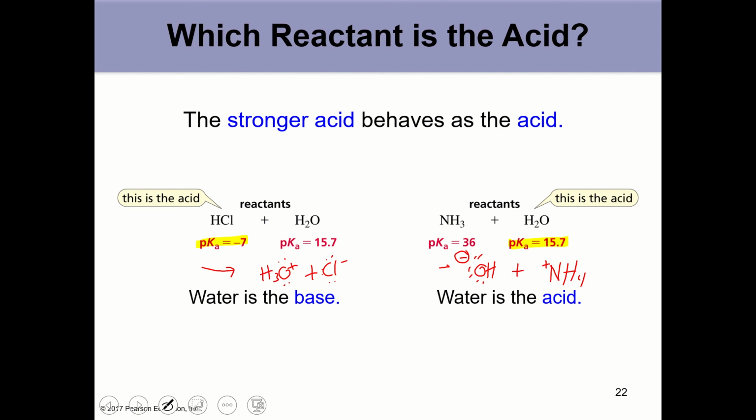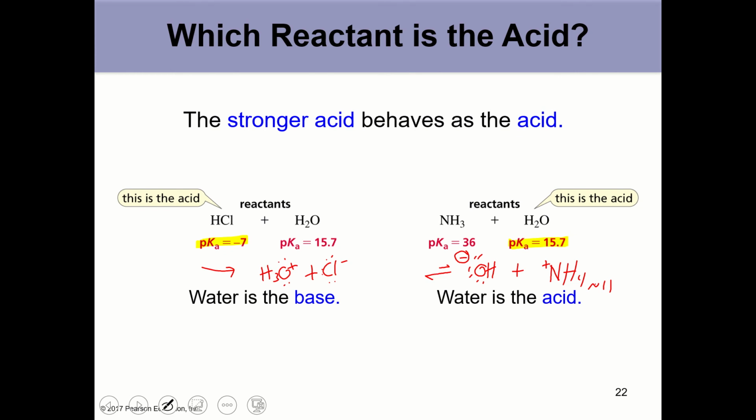The pKa of the protonated nitrogen is approximately 11. And we can say that because the protonated ammonium is the acid in the products, it has a lower pKa than the acid in the reactants, and this reaction will favor reactants.